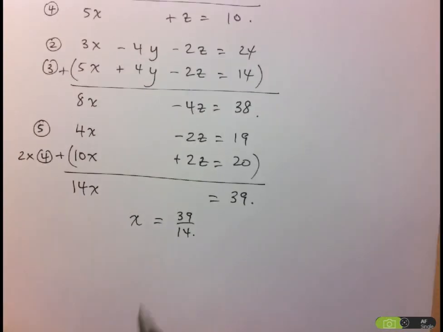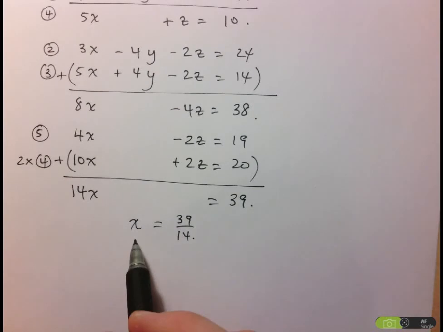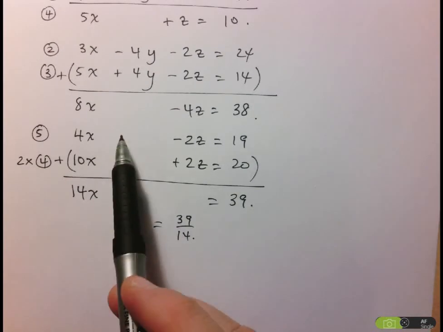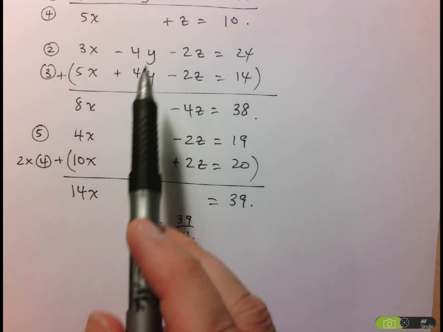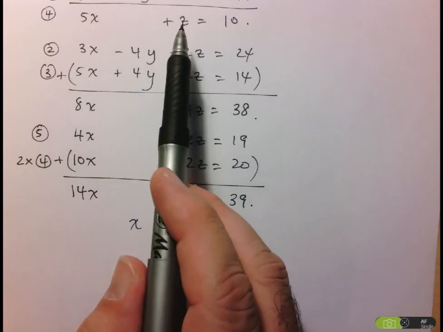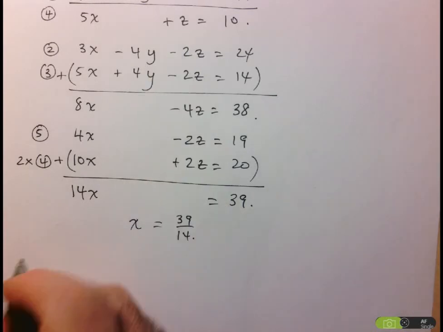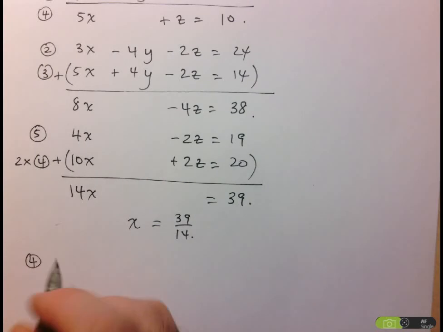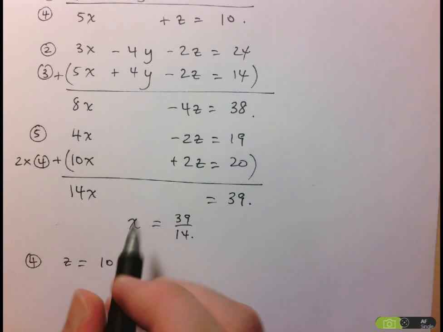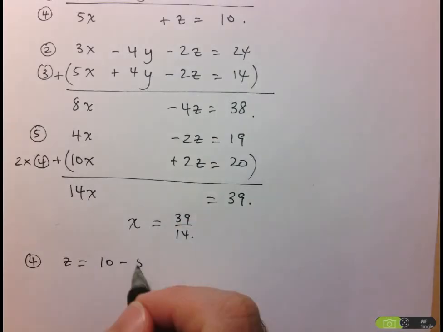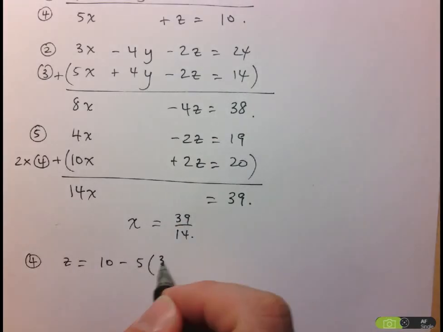Now that I've found the x value, I can go back to this system of equations. If I go back to equation 4, that would be the easiest one to determine z. So I'll solve for z. z is equal to 10 minus, bringing the 5x to the other side, 5 times 39 over 14.